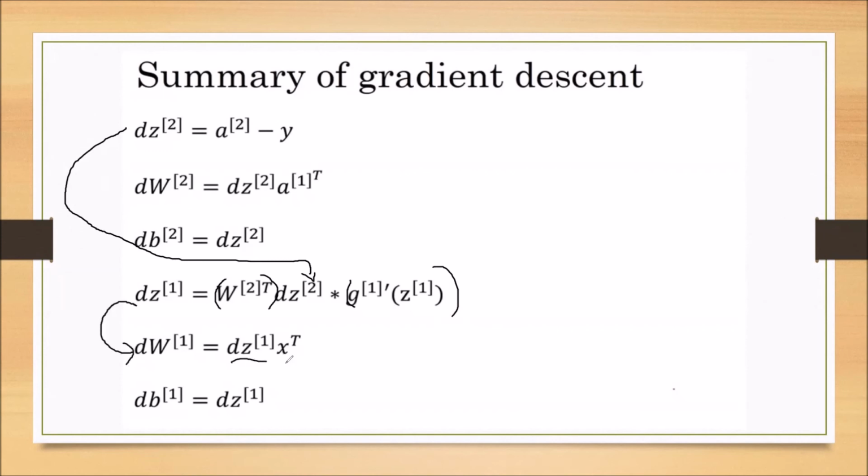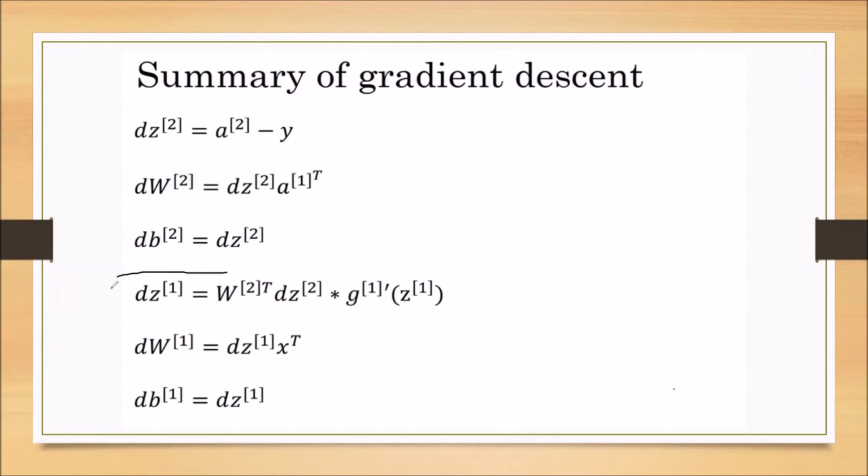Again, dz into x, which means input. What is db1? It is dz1. We are already familiar with all the equations. Only this one equation we have to familiarize ourselves with. In this equation, we are writing the multiplication of W2 transpose, meaning the next layer, and dz2. Again, we are multiplying with the differentiations of the activation units of the first hidden layer.